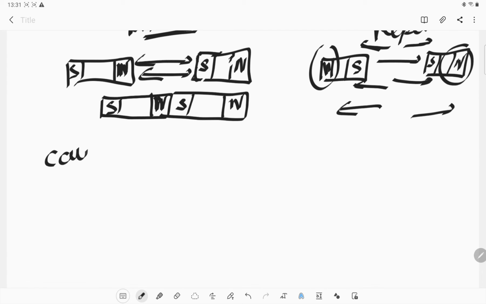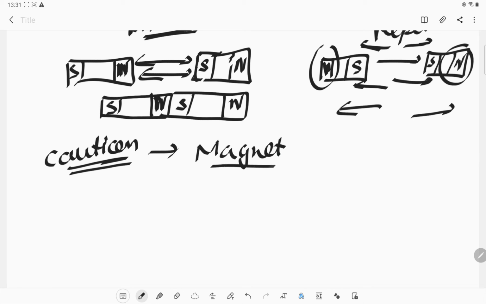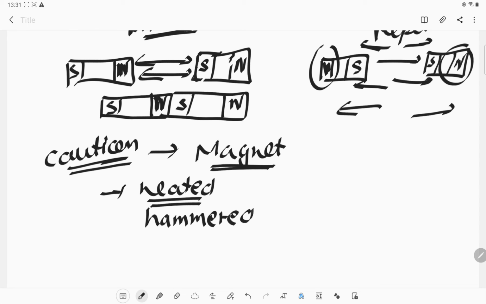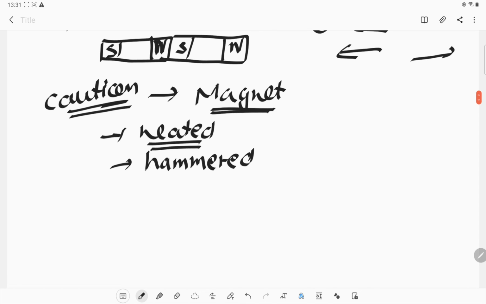What cautions do we need to follow to store or handle magnets? Sometimes magnets lose their properties. Why? Because if we heat a magnet, it will lose its property. What else? If we hammer it or hit it very hard, the magnet can lose its property.